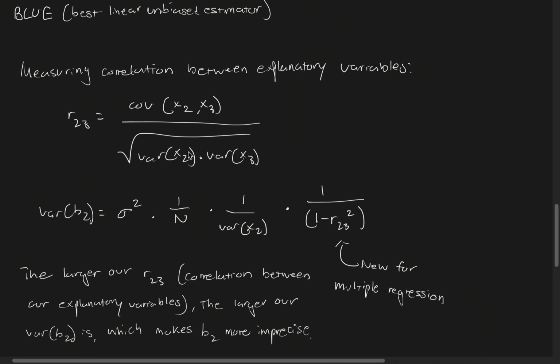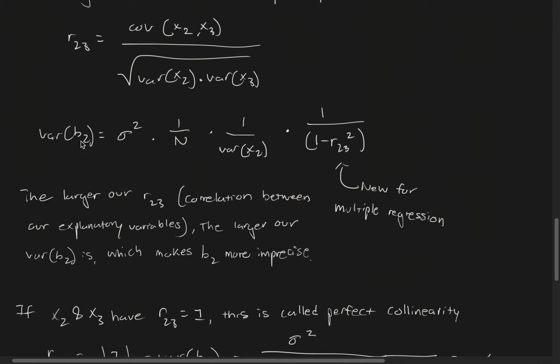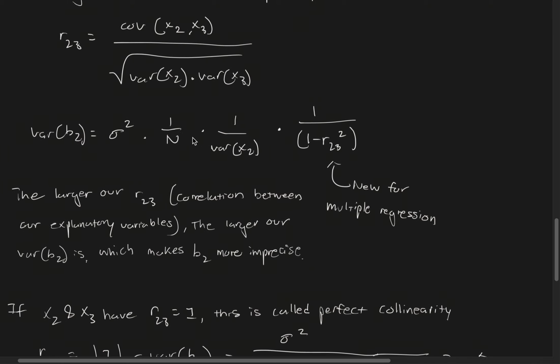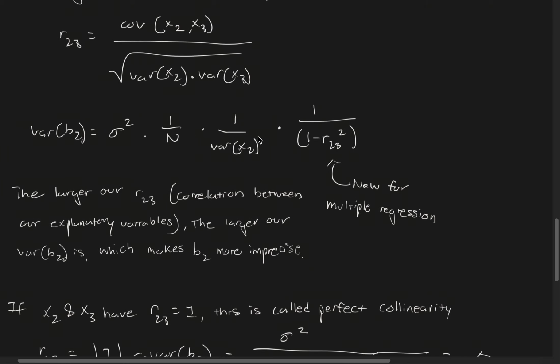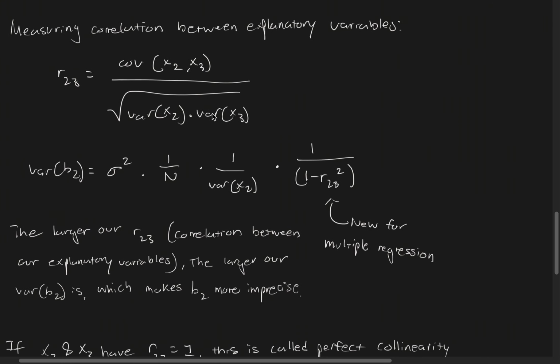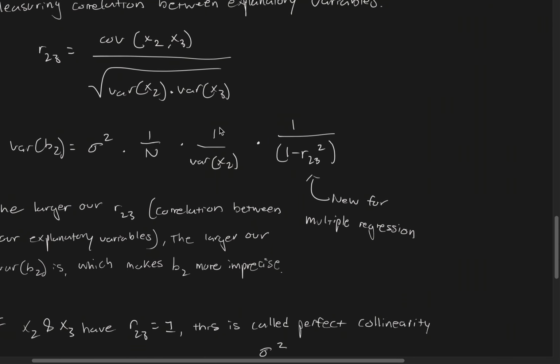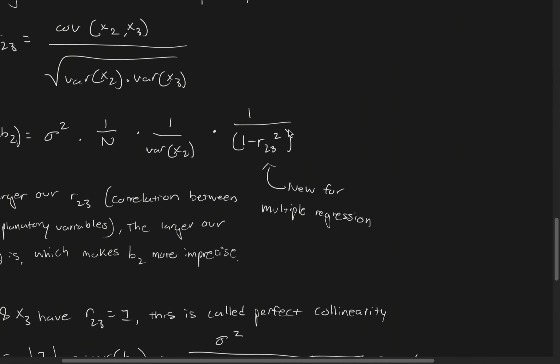When we're measuring the correlation between these two explanatory variables, we get the variance of beta 2, which is this function given here. It's similar to what we measured before, except we have the correlation variable here.